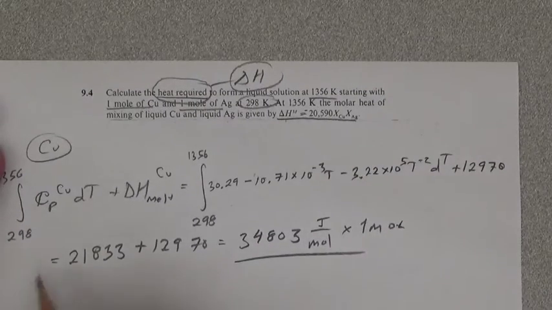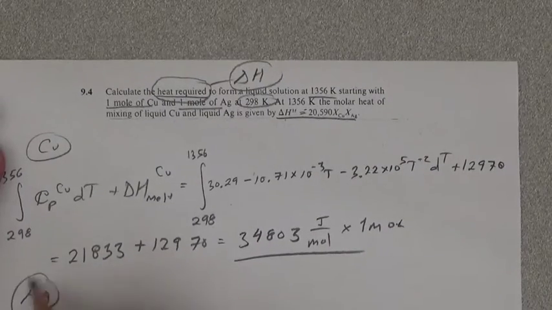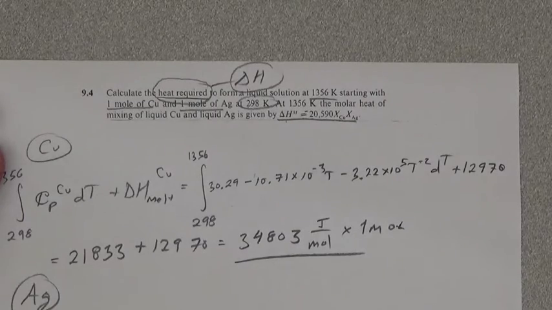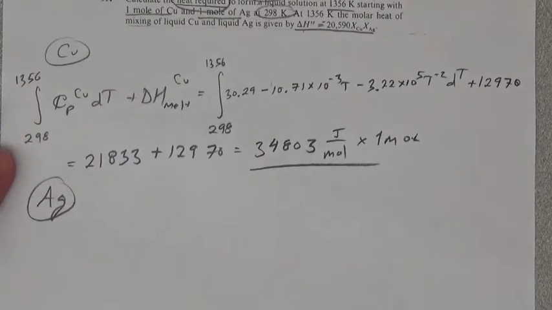Okay, now we'll do silver. And in the case of silver, silver melts at 1234.